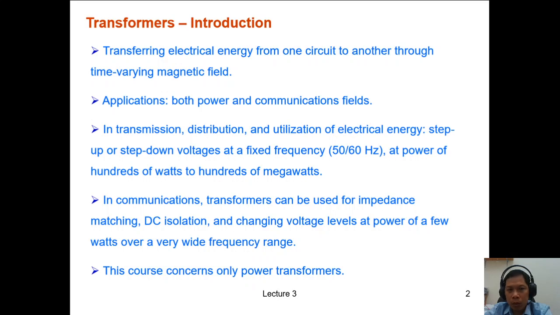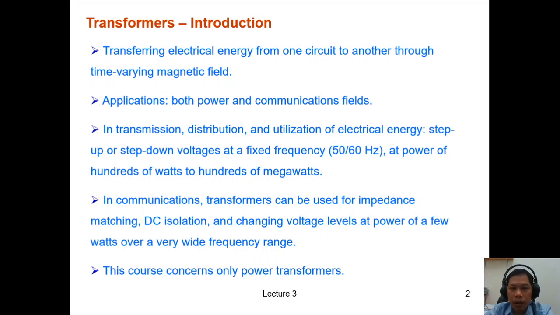In power, we are using the transformer in transmission, distribution, and utilization of electrical energy. We are using step up or step down voltage transformers at a fixed frequency, 50 or 60 Hz.